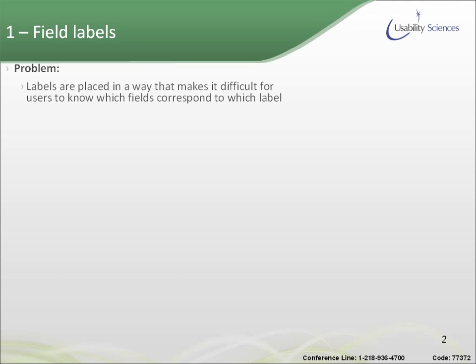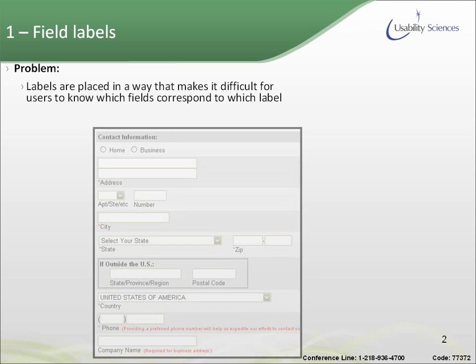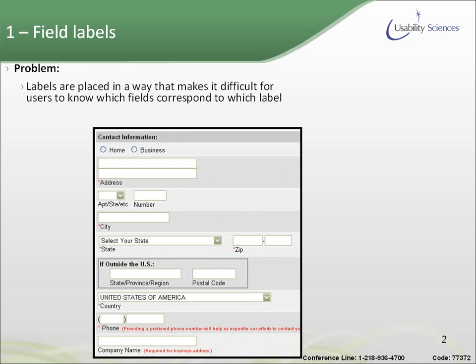One thing to keep into consideration is the labels of the fields. Sometimes labels are placed on the form in a way that makes it difficult for users to know which fields go with what label. Here's an example from Southwest Airlines. You can see that they do label each field, but they place their label below the field.